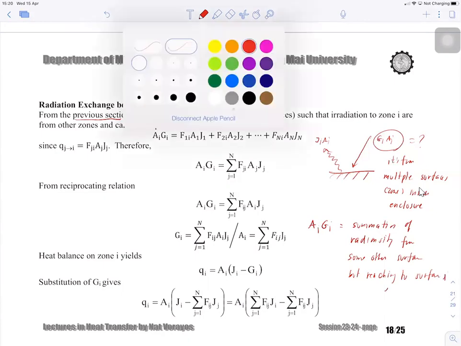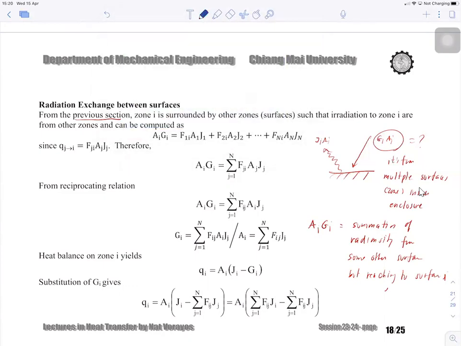Meaning that if you have the example of other surfaces, we call it surface J. Surface J is going to give the radiation out.